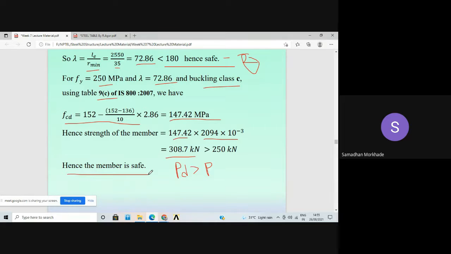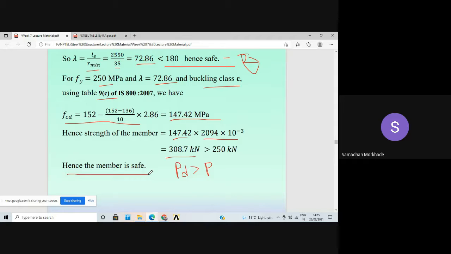Now our problem is not over. Now we have to design for the connections. The next step is design of connections. For connections, the same steps we have to repeat. If it is a welded connection, assume thickness of weld and size of weld. Size of weld for angle sections, the criterion is 3/4 of the thickness of the angle. That will give the size.